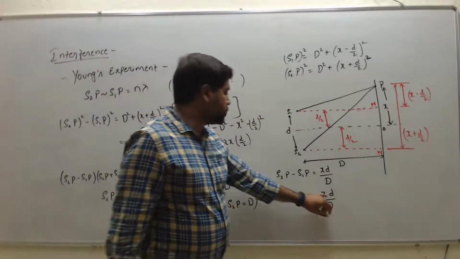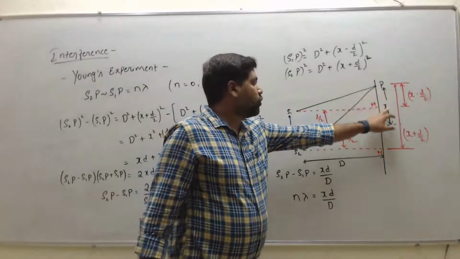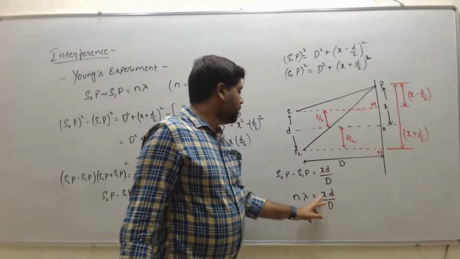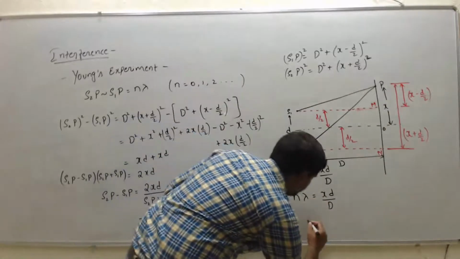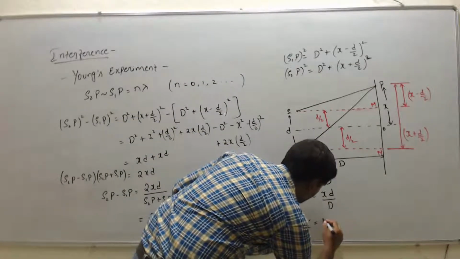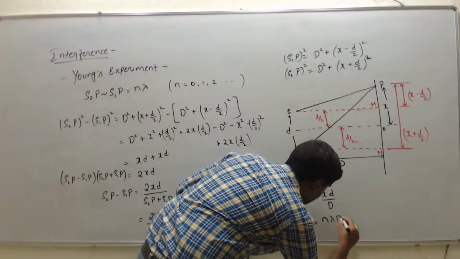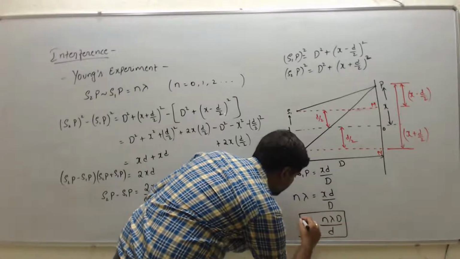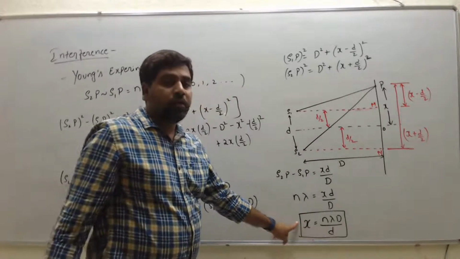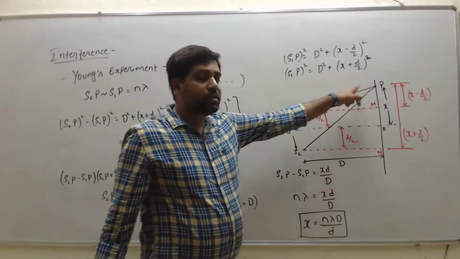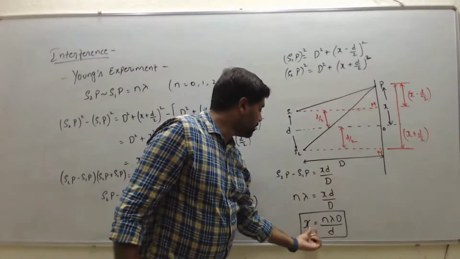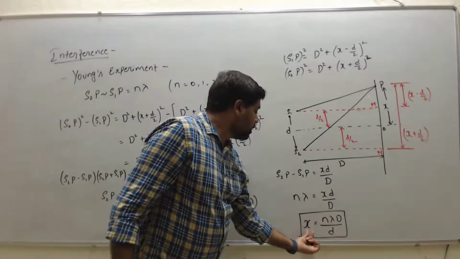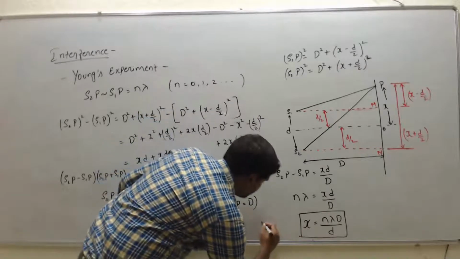So we need the position, that is at what position we get the maximum intensity, then we have x equals n lambda capital D divided by small d. So this is the condition which we have taken for maximum intensity, then x equals n lambda D divided by d. Here this is for the bright fringe.